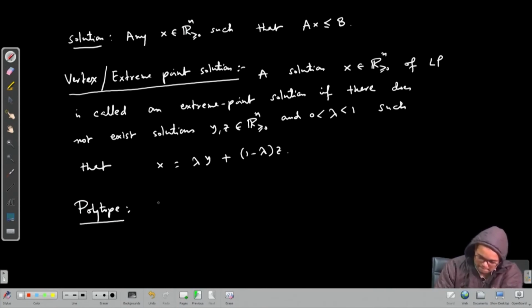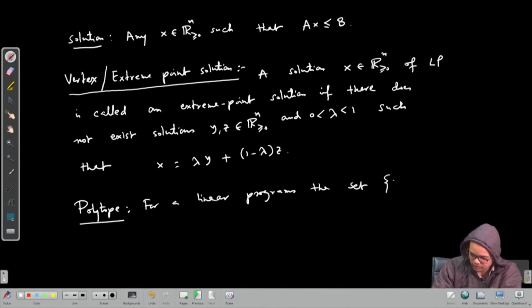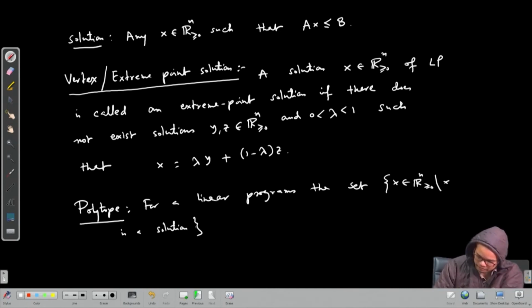For a linear program, the set of x in R^n such that x is a solution to the linear program is called the polytope of the linear program.